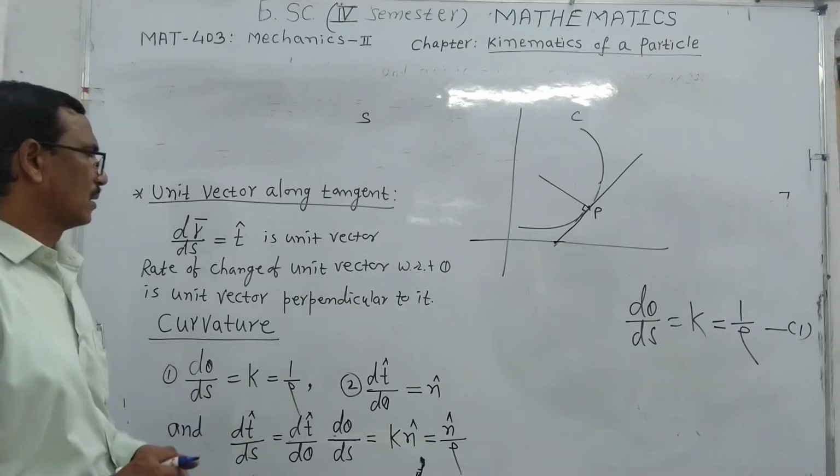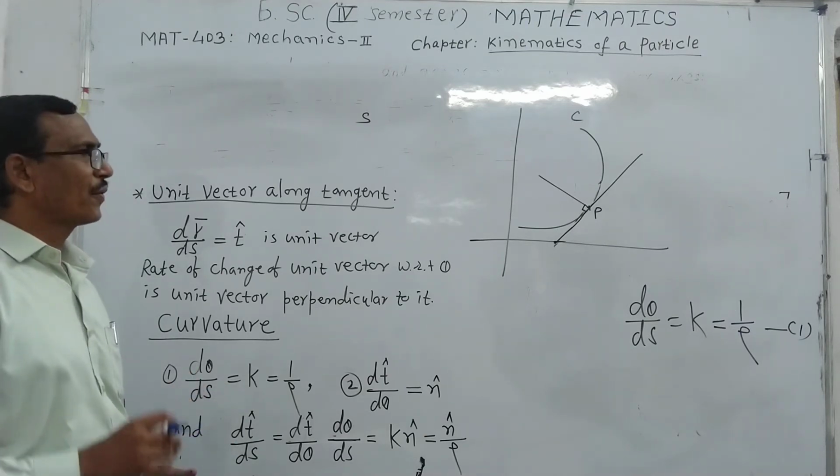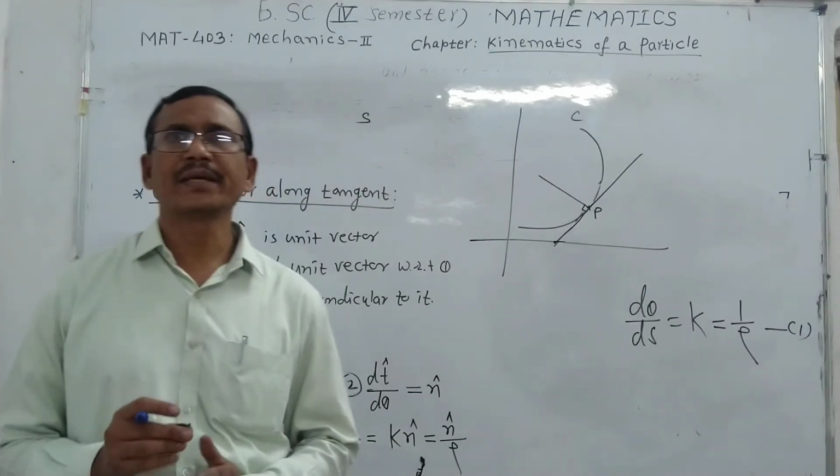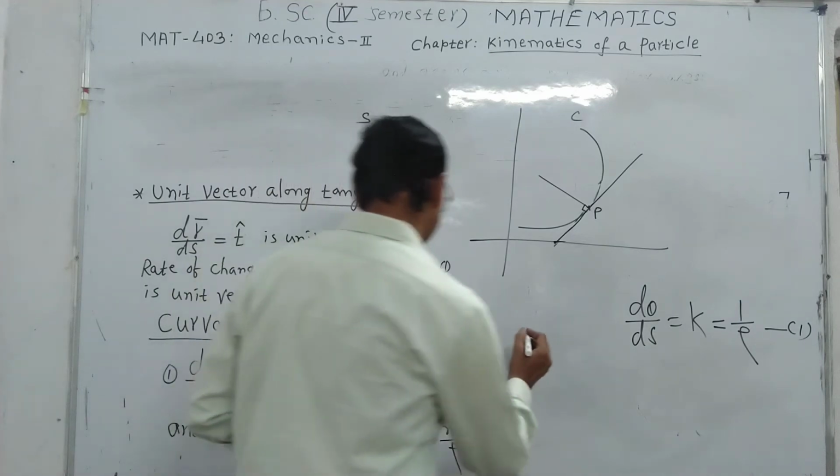And we know the rate of change of the unit vector at P. What is the rate of change of the unit vector?